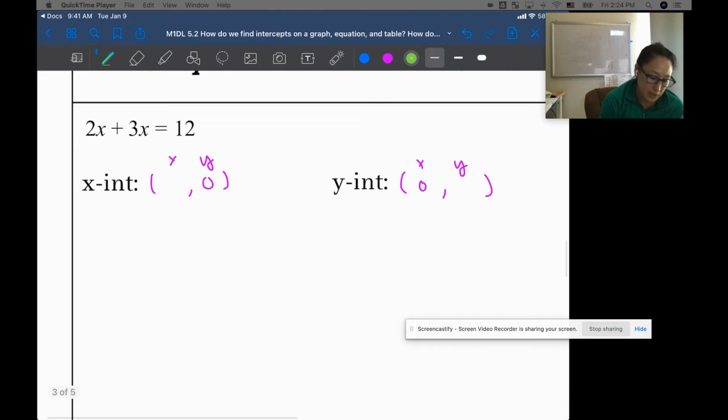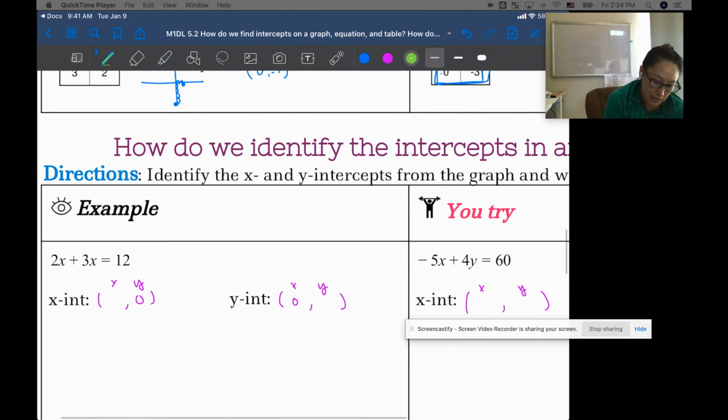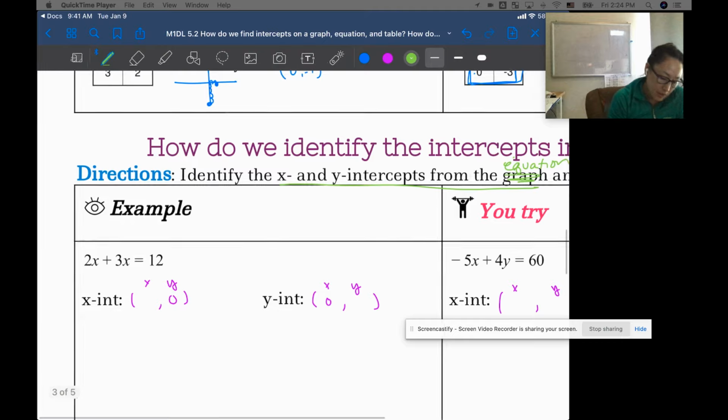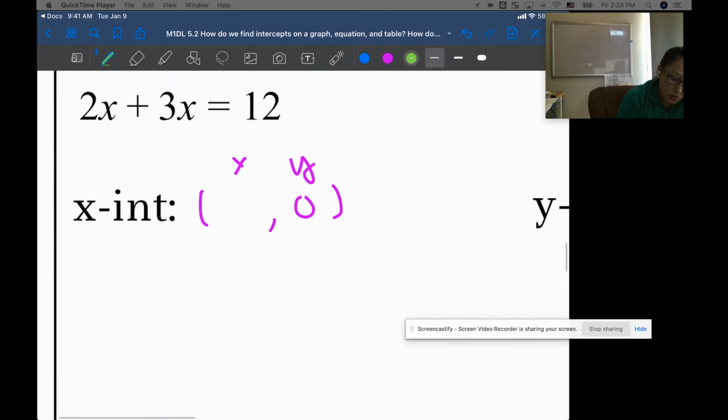For these next problems, we need to identify the x and the y-intercepts from the equation. And then we're going to write them as an ordered pair. Okay? So I have my equation, 2x plus 3y is equal to 12. And I want to find the x-intercept.